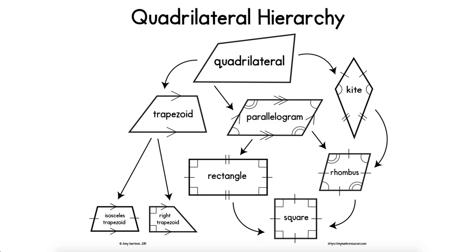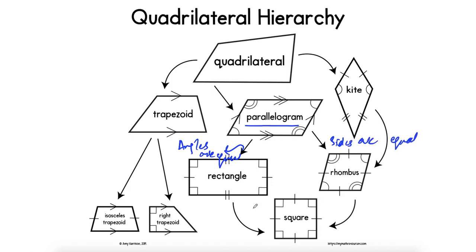Now if we see the hierarchy, starting with the quadrilateral and then the parallelogram, if we move to the rectangle, the limitation becomes that all of the angles are equal. If we move from parallelogram to rhombus, all of the sides are equal.